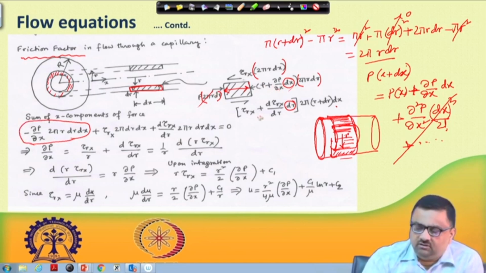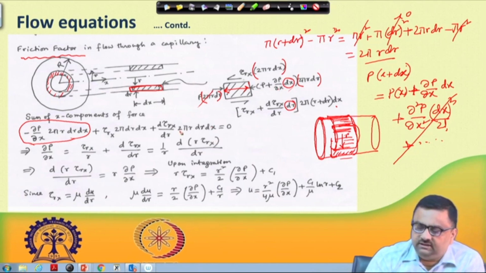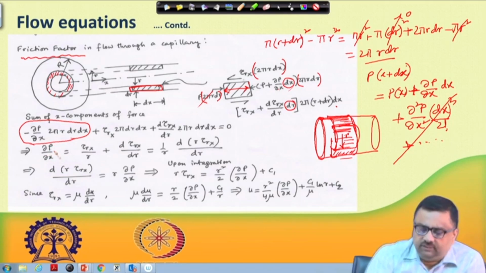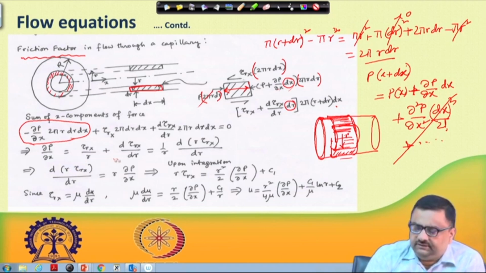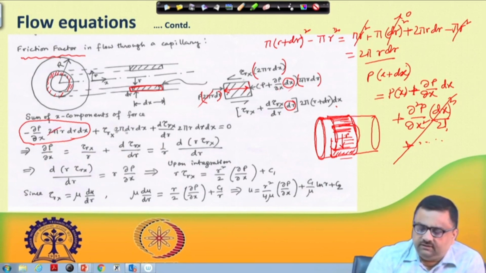Similarly, you have positive x, we have this term, and we have the shear term here, and we have this term here. If we sum them up, we will end up with del p del x equal to these terms. Some of the terms are cancelling out. For example, you can get rid of 2 pi everywhere.